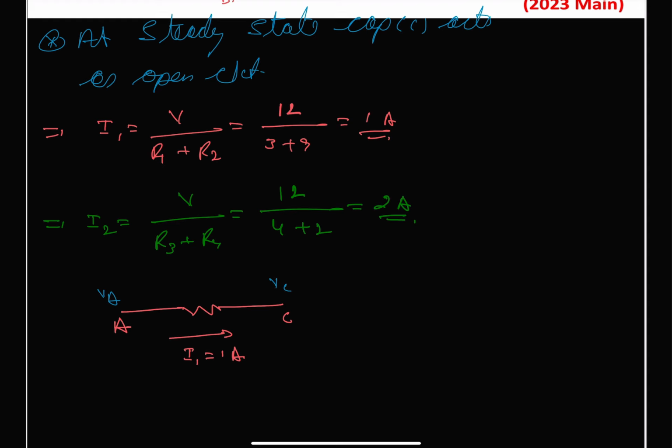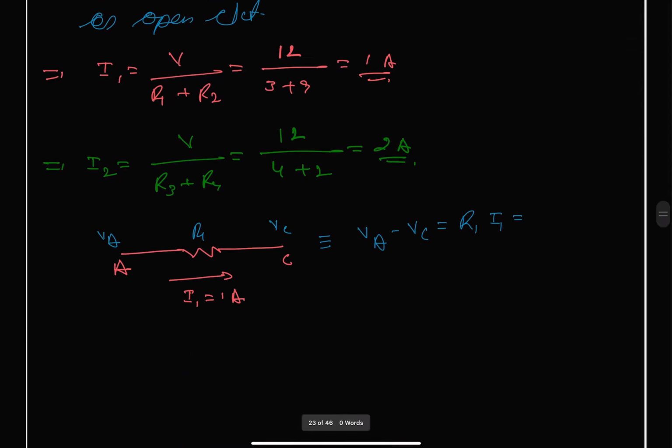Therefore for this we can write VA minus VC, and this resistance we have called R1, will be equal to R1 multiplied by I1, which is 3 multiplied by 1, giving us 3. So we get VA minus VC is equal to 3. Let us call this equation number 1.